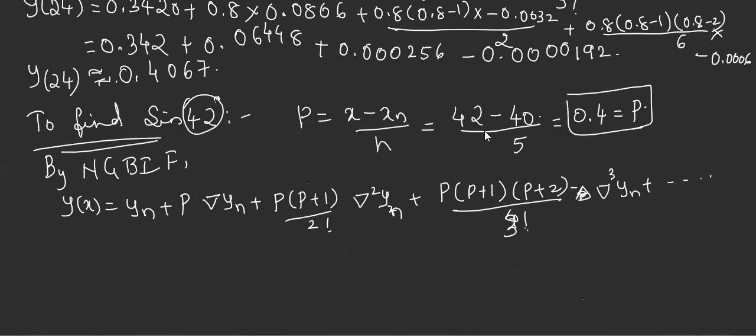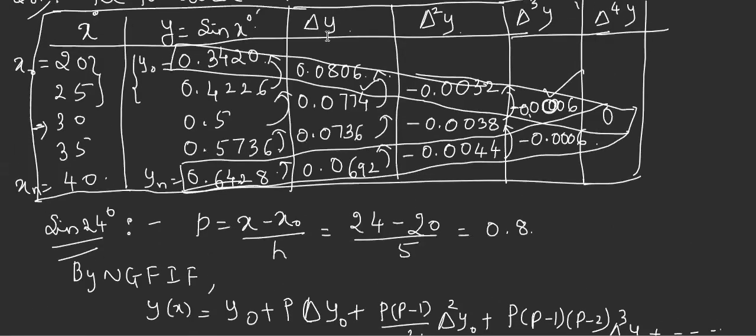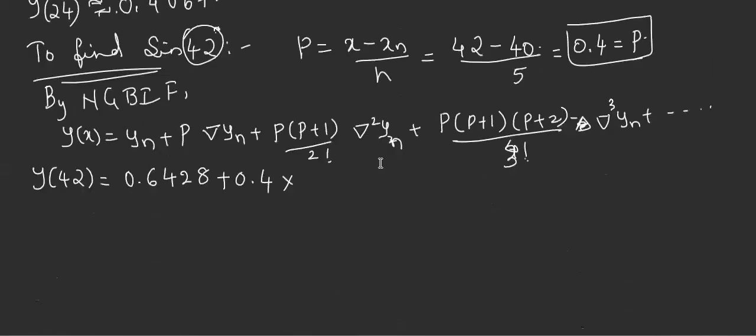So y of 42 equals, what is the last entry in yn? 0.6428. Plus, P is 0.4. What is delta yn? The last entry in delta y: 0.0692.